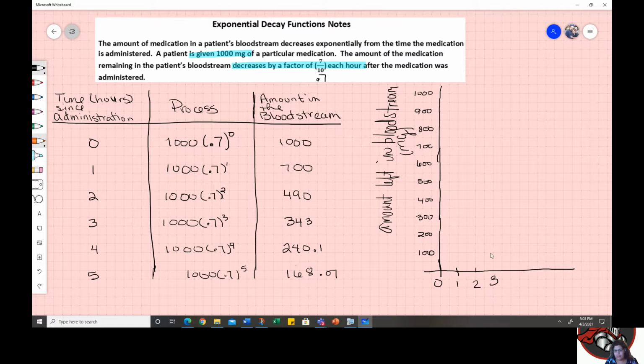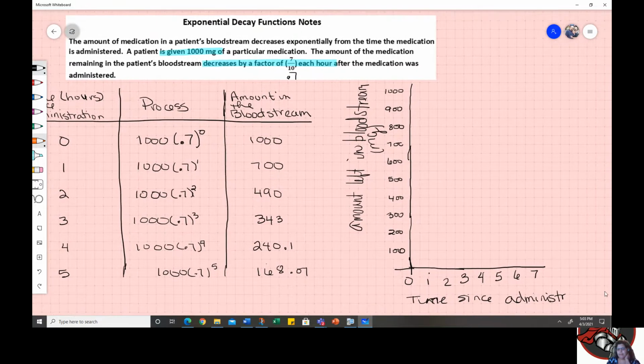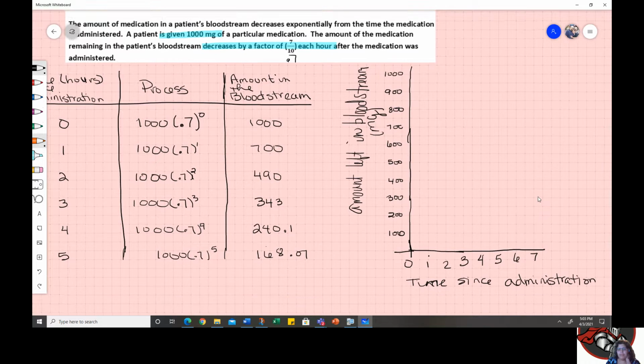I don't need the tick marks, I just need the numbers. And this is the time since administration in hours. I'm going to move this up just a little bit.